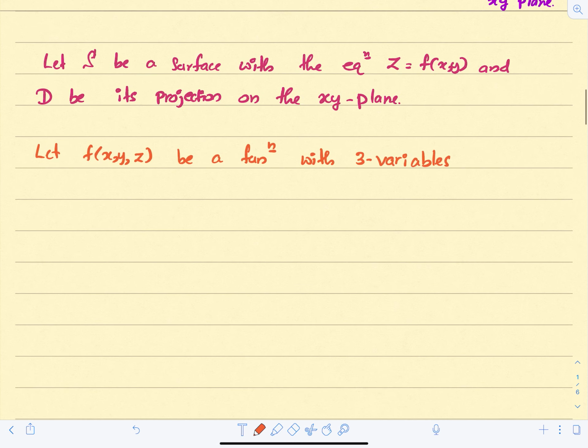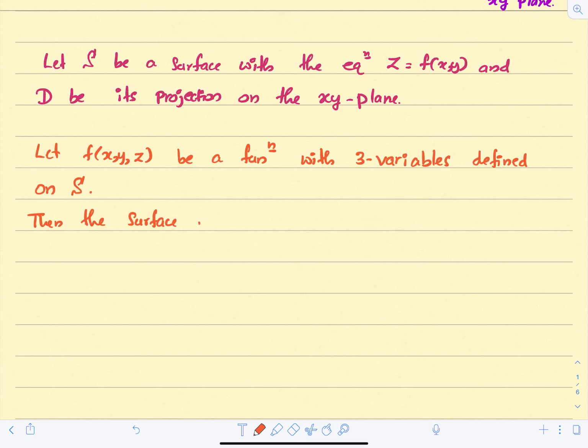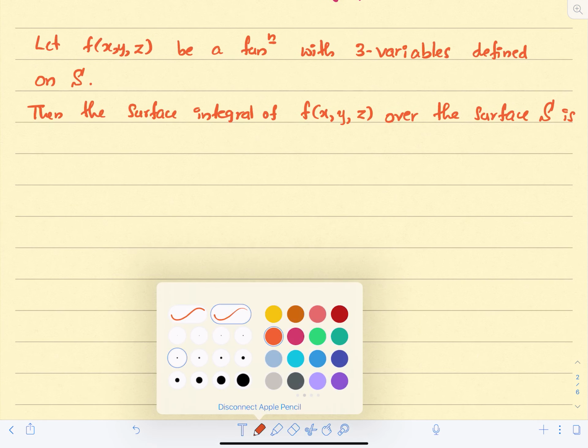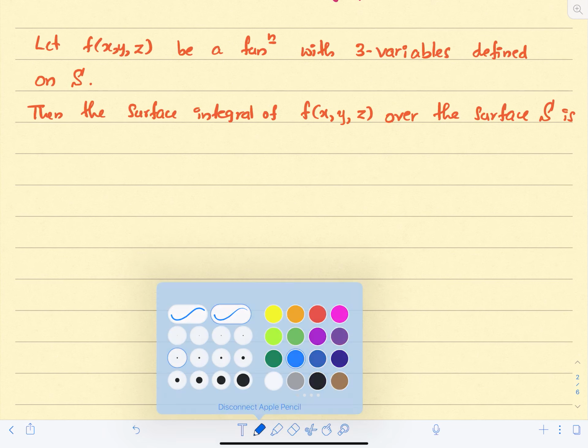Let f be a function with 3 variables defined on S. Then the surface integral of f over the surface S is given by the following equation.